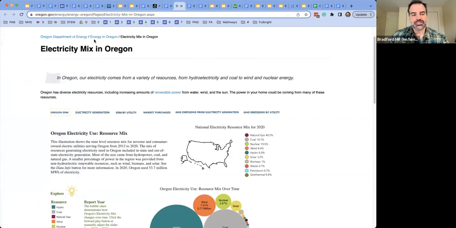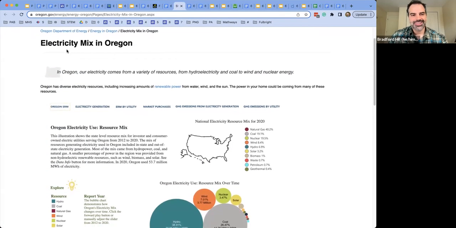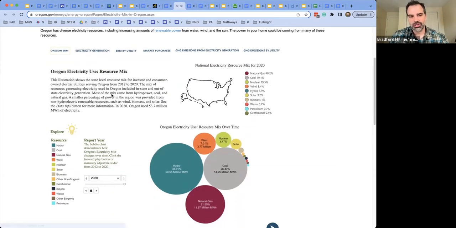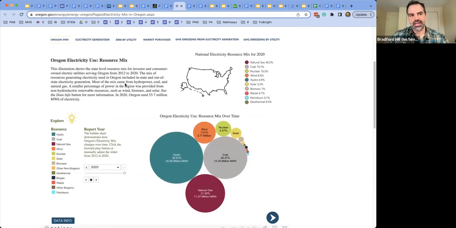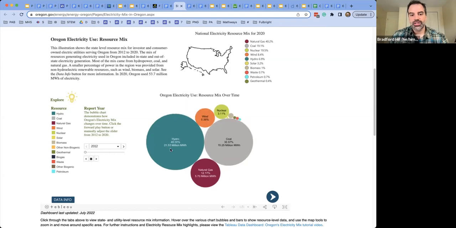And there are just a lot of neat resources out there. Lots of times we get lost in them, which is a good problem to have. Everyone starts clicking around. There are some real dynamic websites, and this one is from the state of Oregon. You can see the energy mix of Oregon and how it's changed over time.